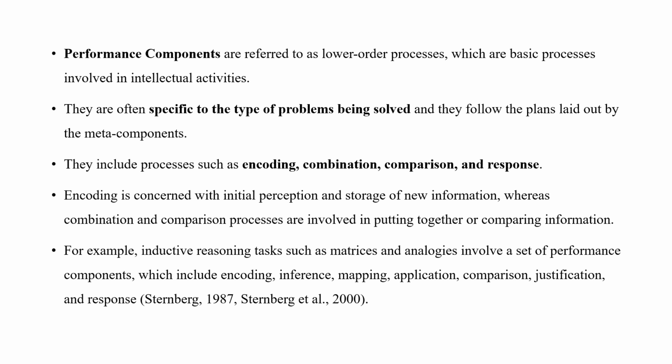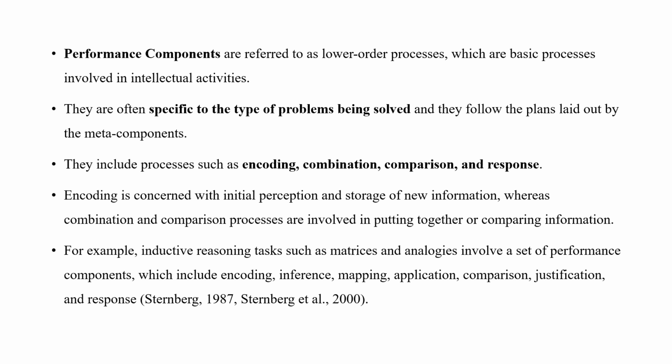The processes that come under performance components are encoding, combination, comparison, and response. Encoding is concerned with the initial perception and storage of new information. You know how other theories of intelligence and memory talk about encoding, how we perceive and store information. That is encoding.